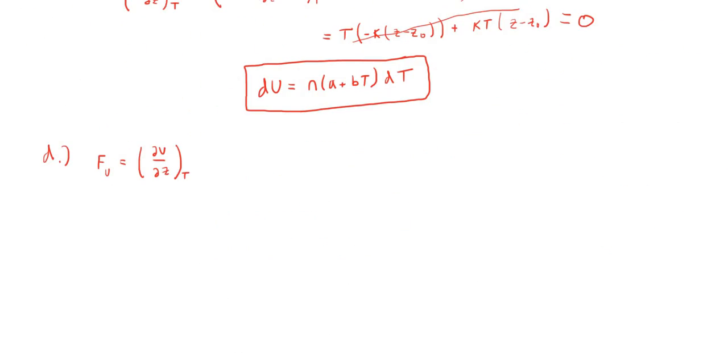So this is the expression for F sub U. We've already calculated that up here, and it was equal to 0. So the final answer is that F sub U is equal to 0.